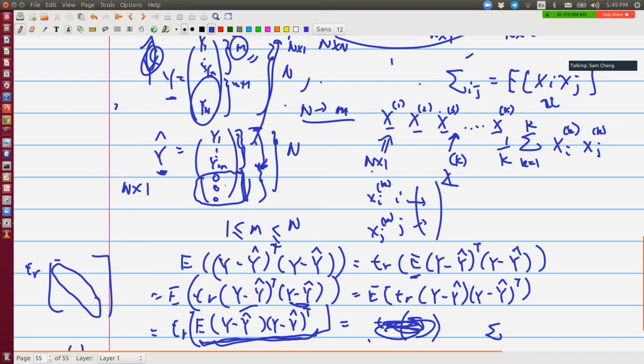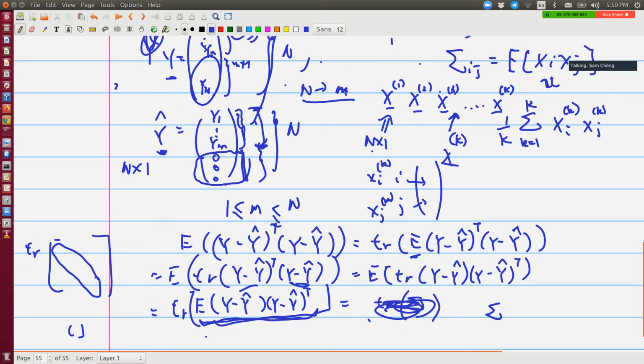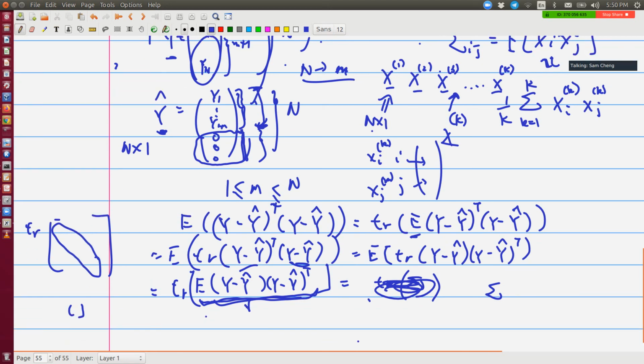So the off diagonal terms are all equal to 0. Let me write it down maybe. Y minus y hat, I get a vector like this: 0 up to 0, then y m minus y m plus 1 up to y n, right?